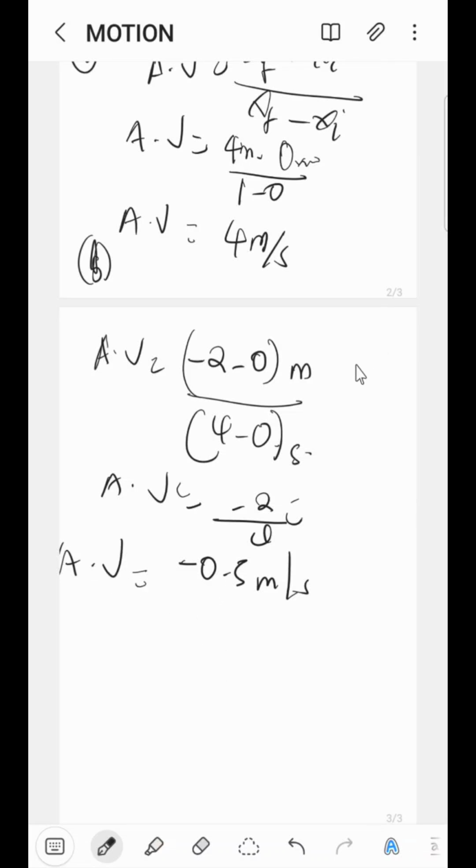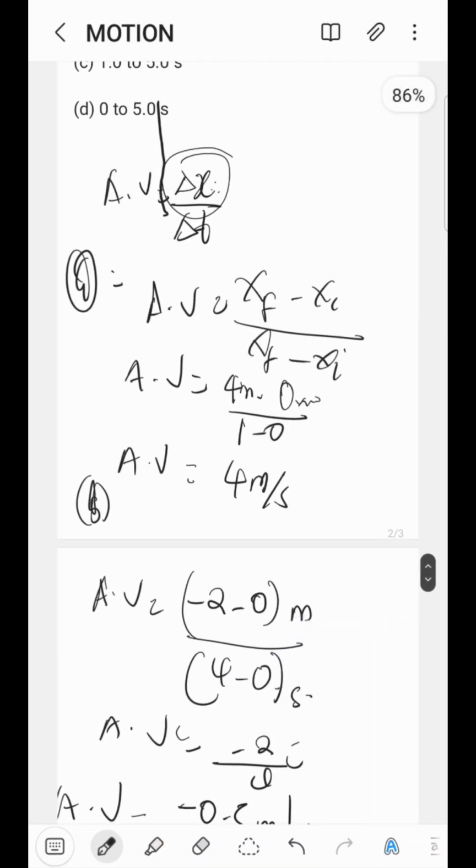This is literally saying you have a speed of magnitude 0.5 meters per second, but since it has a negative direction, it is average velocity. You do not have to forget direction when we are talking about vectors. If you remember the videos on vectors, we are so adamant on direction, so you do not forget direction, very important.